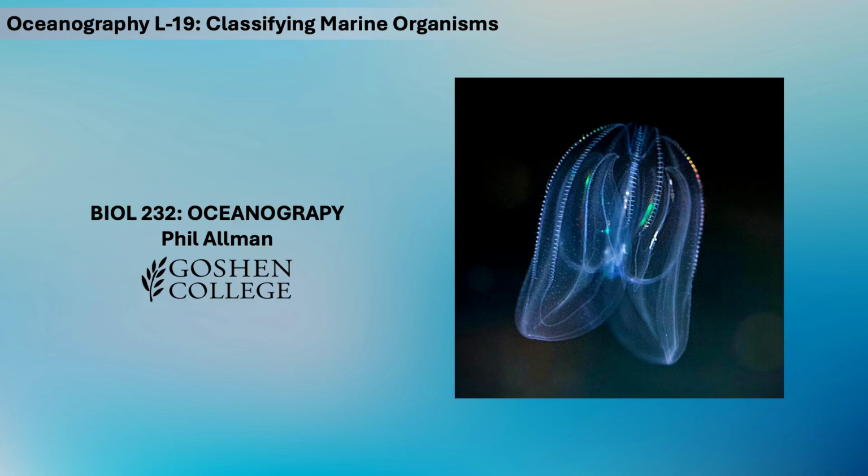Classification in marine biology is not simply about naming species. Instead, classification helps us recognize patterns in how organisms interact with their environment. For example, some organisms are adapted to live in the open water column, while others are adapted to life on the sea floor.